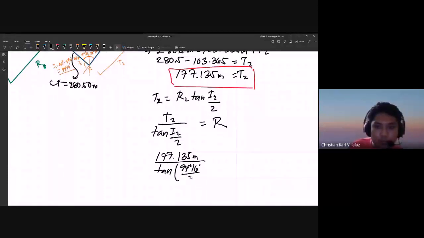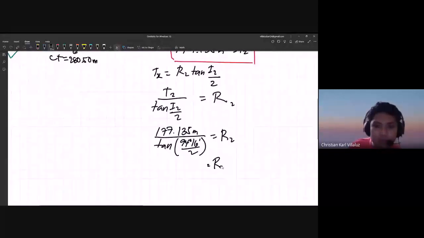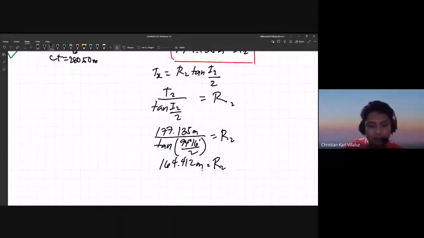So that's the radius of the second curve. Okay, 164.412 meters. So double check natin.